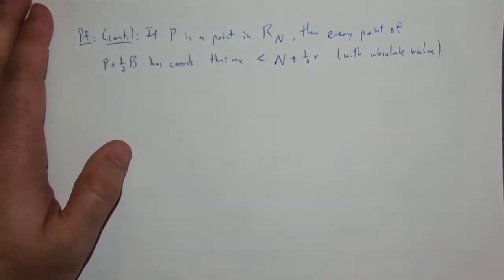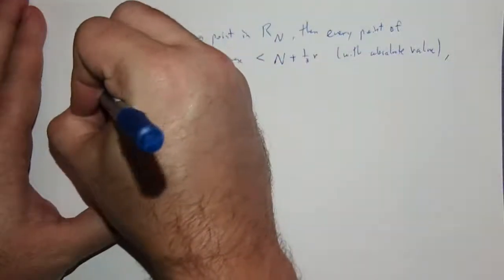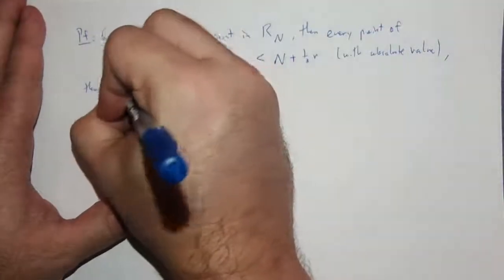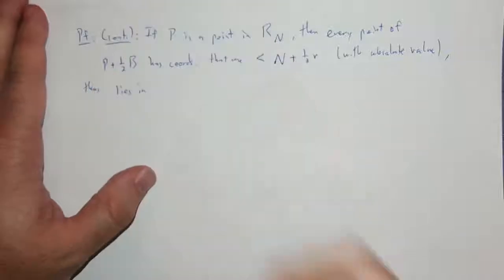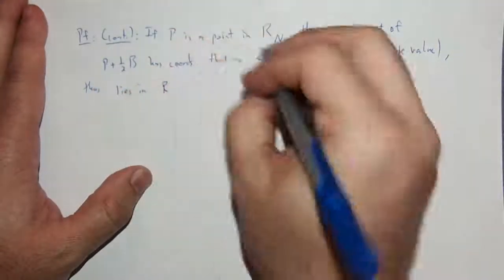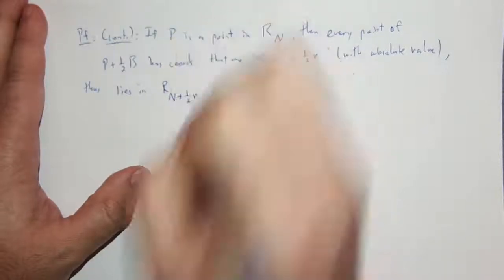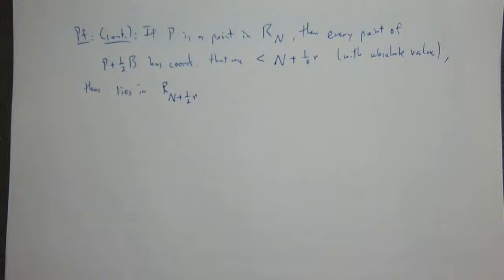Anyway, so they are less than n plus 1/2 r in absolute value. Thus, it lies in the big box with modified parameter n plus 1/2 r. Right.